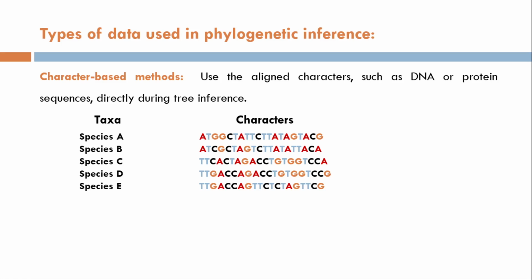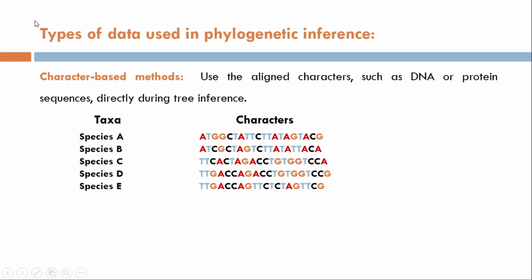Once you perform it, in the aligned characters, it may be DNA or protein sequence, we directly conclude about the phylogenetic relationship among the species or organisms. How we do it, we'll see in a couple of minutes, what the character based method is actually all about.